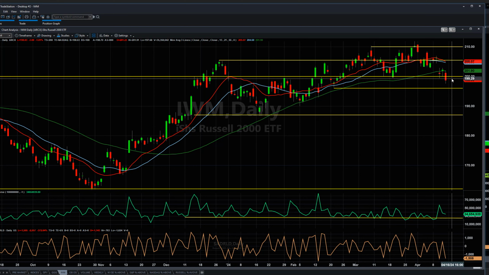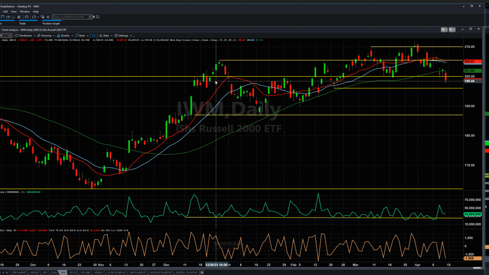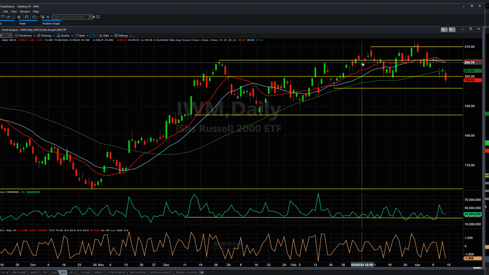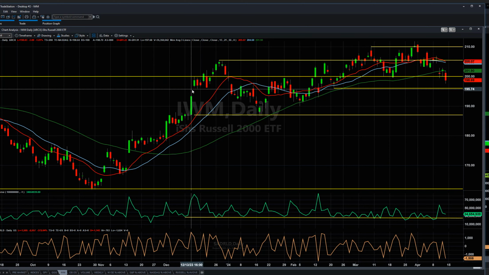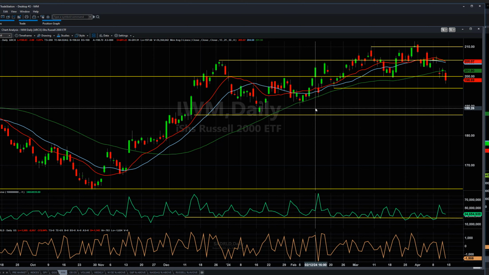So this suggests to me that the Russell is already breaking out. Now the next level of support comes in right around the 196 area, and then below that is going to be the 186, 187 area, which you can look at as an area of rotation going all the way back to December of last year.